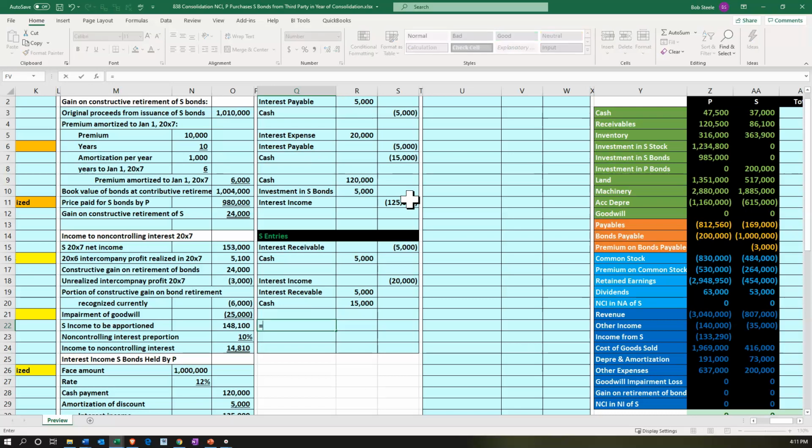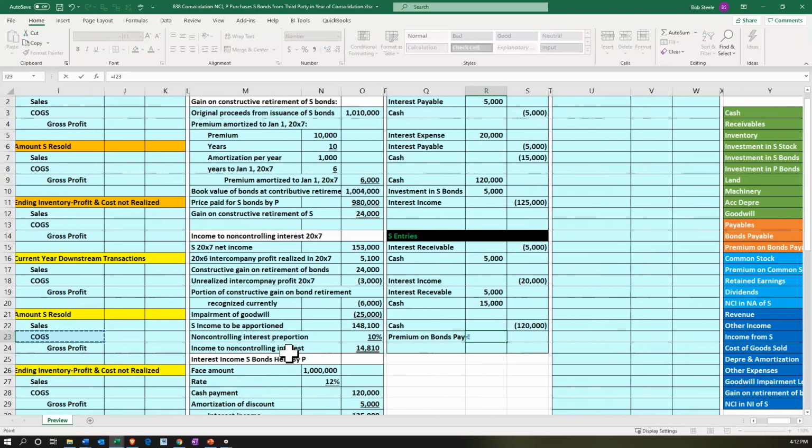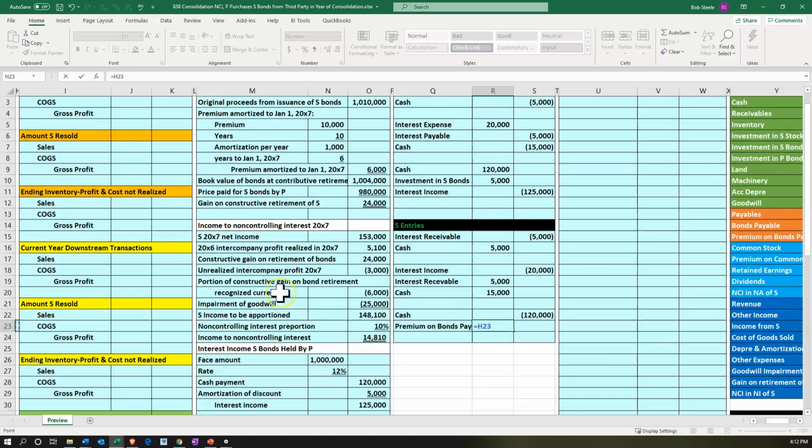Well, they would have said cash would be the same calculation here. But then they have it on the books at a premium, not a discount. So they're going to have to decrease the premium. So I'm going to say the premium is going to be here, and that would be a debit to the premium going down of, and I think we calculated it over here somewhere.